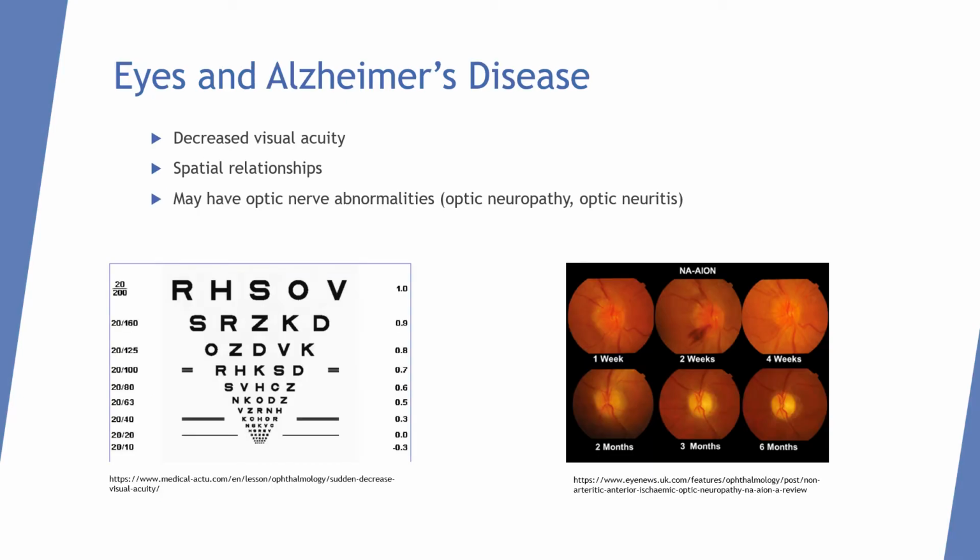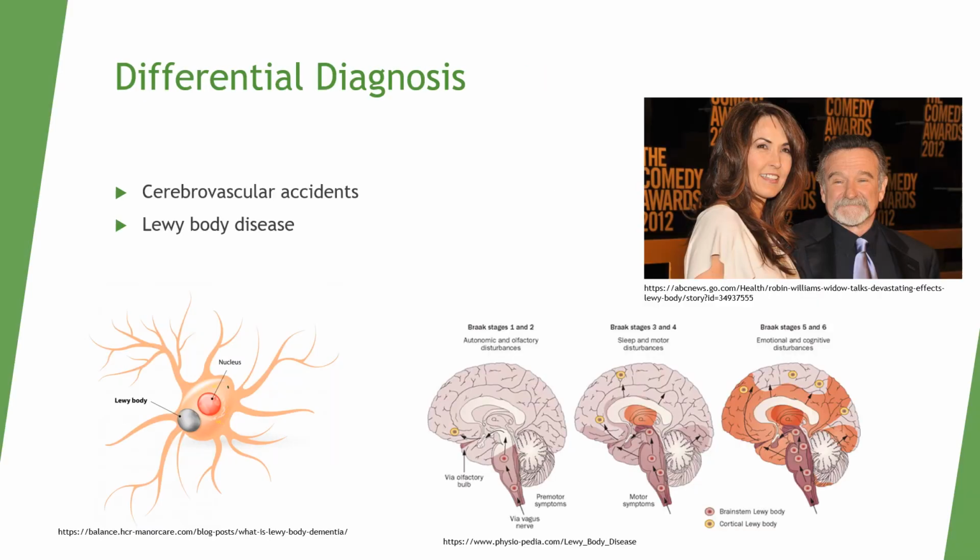Eyes, being located so close and linked very intricately with the brain, is not an exception to changes observed in Alzheimer's disease. There is decreased visual acuity, as spatial relationships may be impaired, and they also, on observation of the fundus, have optic nerve abnormalities.